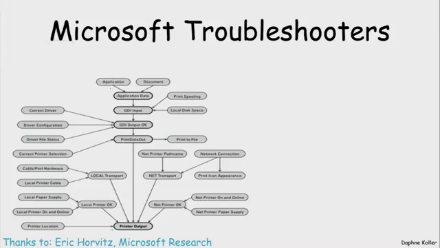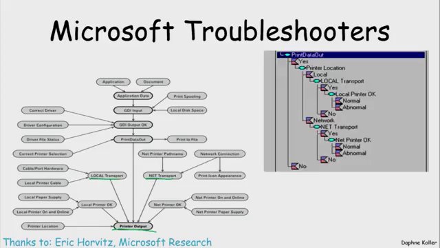So we have a variable here that tells us whether the printer is producing output, and that depends on a variety of factors, but one of the factors that it depends on is where the printer input is coming from. Is it coming from a local transport or a network transport?